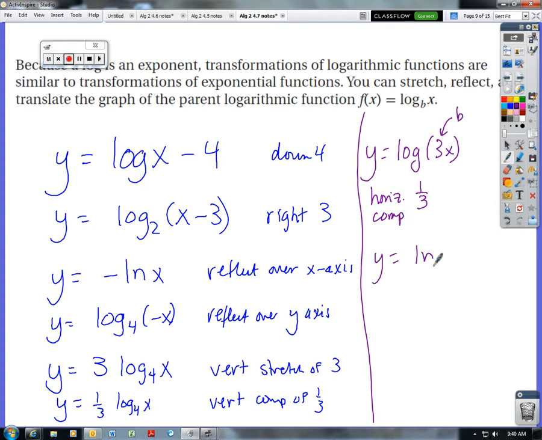And if it was natural log of 1/2 x, that's going to be horizontal because it's in with the x, but it's the reciprocal of 1/2, which is 2, which makes it a horizontal stretch by a factor of 2. And this chart is on page 282 if you want to look at it further or write any of it down, because they have it written in a couple different forms there.